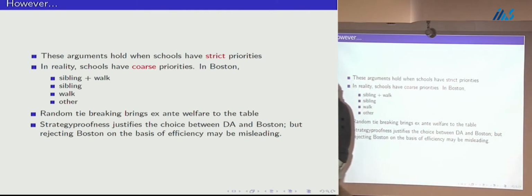Well, during one of the parent district meetings in Boston back in 2004, I believe, parents were discussing heavily the walk zone priority. One argument is, I buy an expensive home to send my kid to a school in that neighborhood.